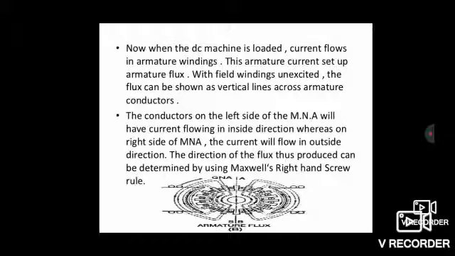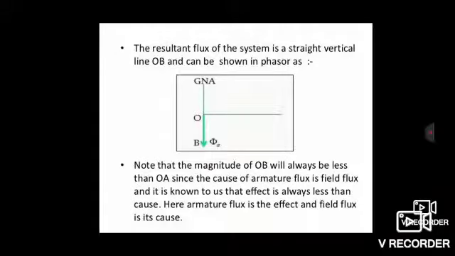They are in the opposite direction. The direction of the flux thus produced can be determined by using Maxwell's right-hand screw rule. The resultant flux of the system is a straight vertical line OB and can be shown in the figure.